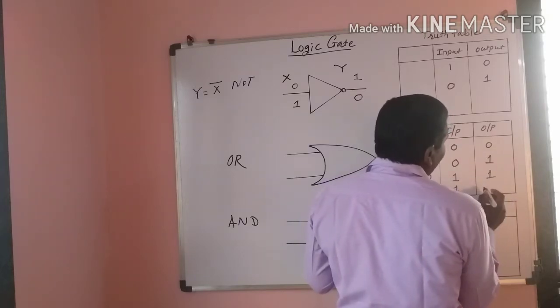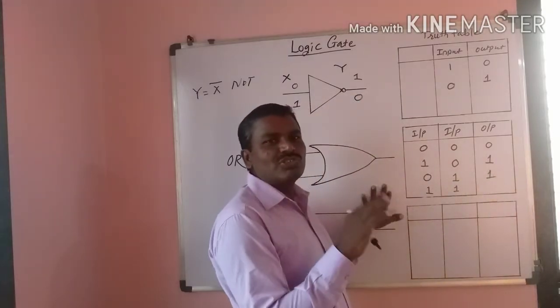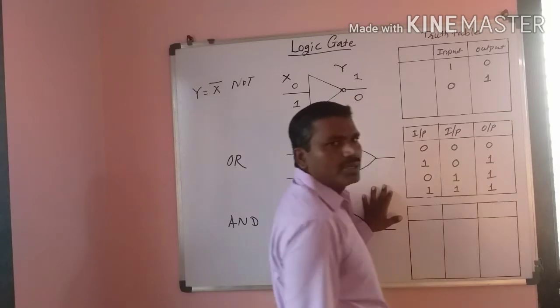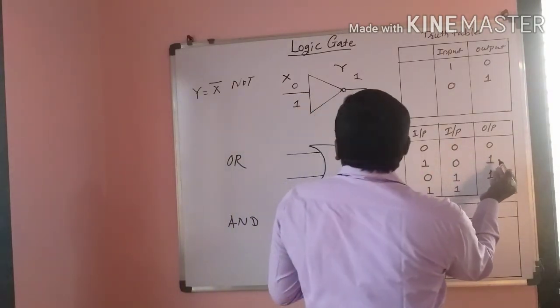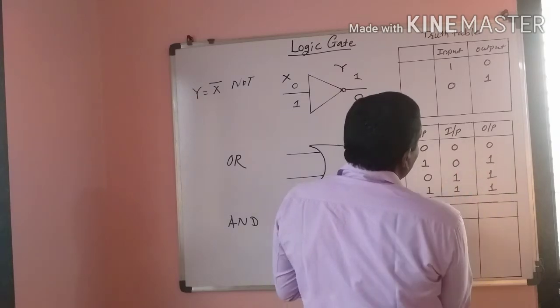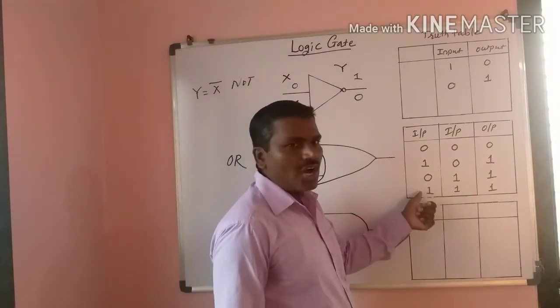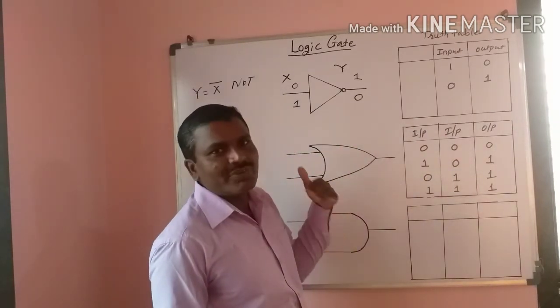And 1 plus 1 is 2, but there are only 2 discrete values, 0 and 1, so we write only 1 here. This is the output of the OR gate: if either one input is high or both are high, then the output is high. Otherwise the output is low.